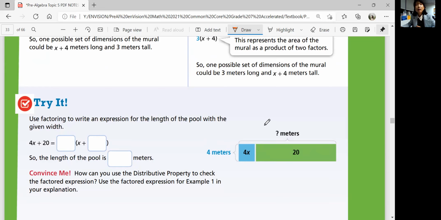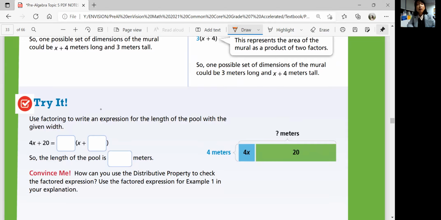Use factoring to write an expression for the length of the pool with the given width. So can you use the distributive property backwards using factors, greatest common factor, to write an equivalent expression? What's greatest common factor for 4 and 20? 4 divides them both.